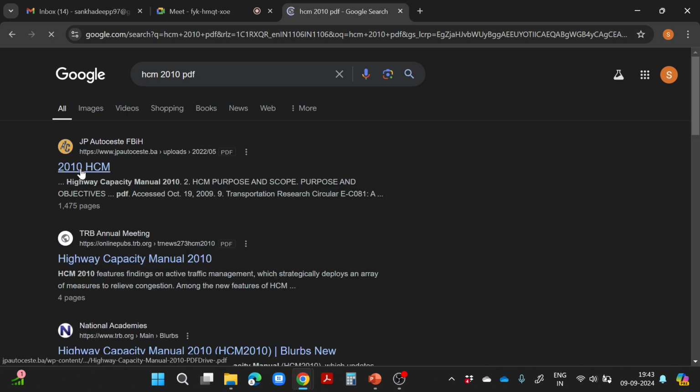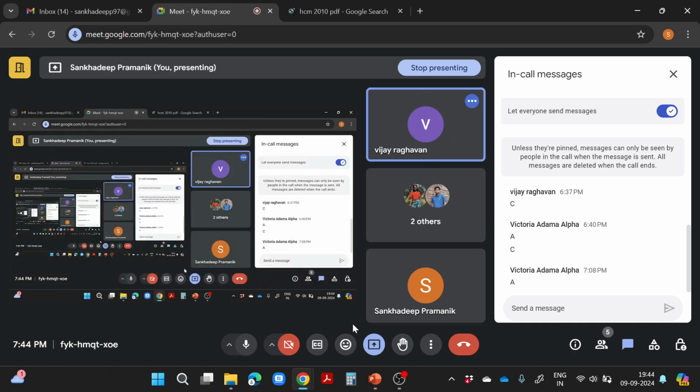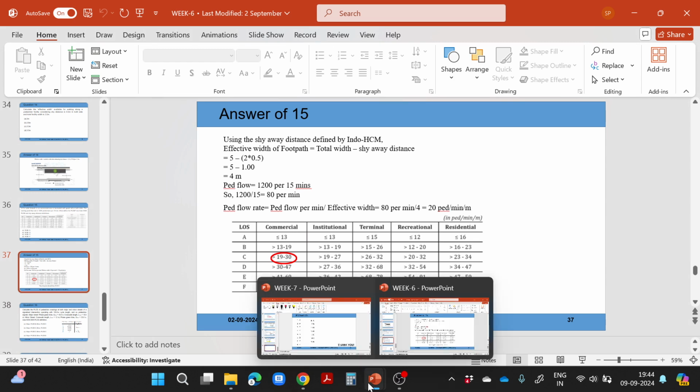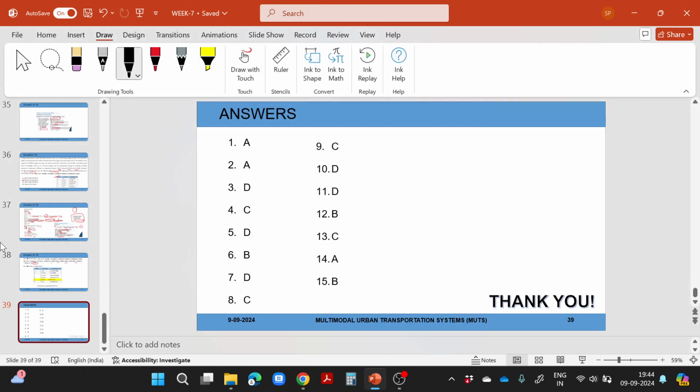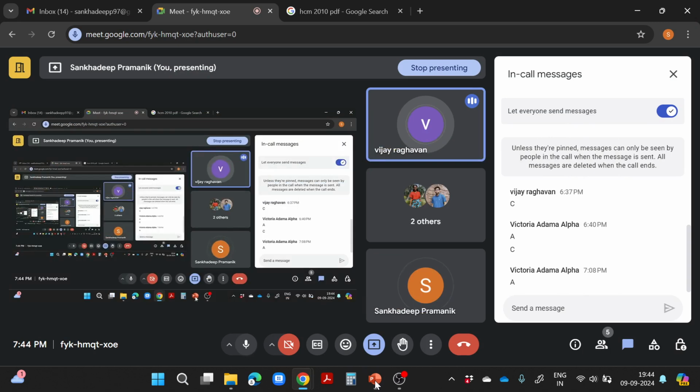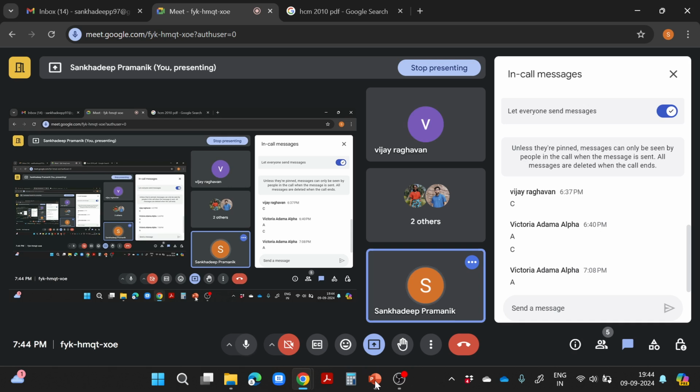Maybe the 2016 one, which is the latest, sometimes may not be available, but this 2010 I guess you can just search here and this PDF will open.